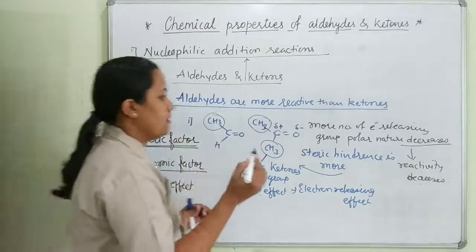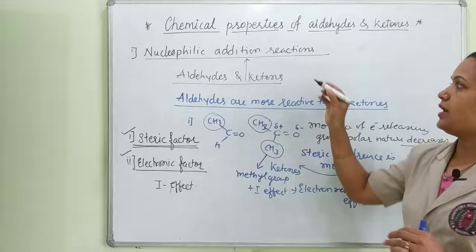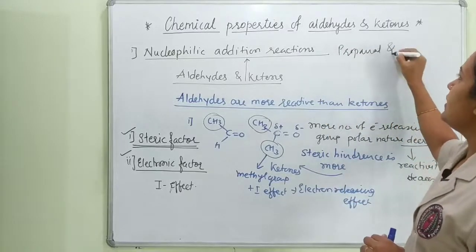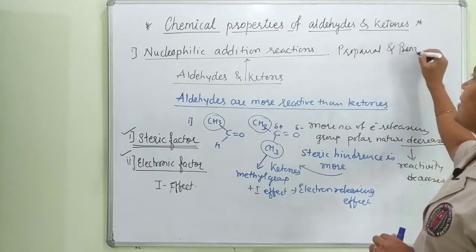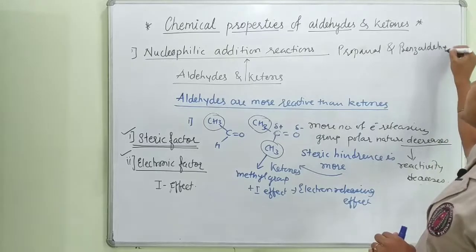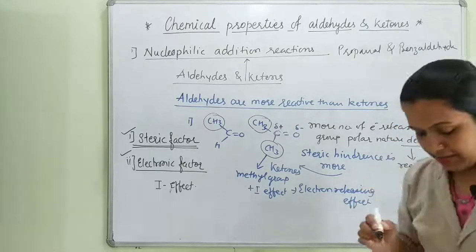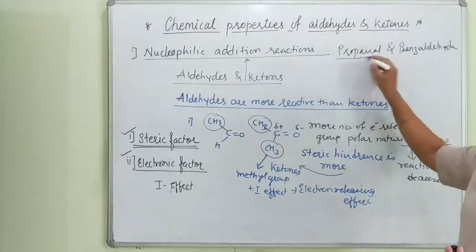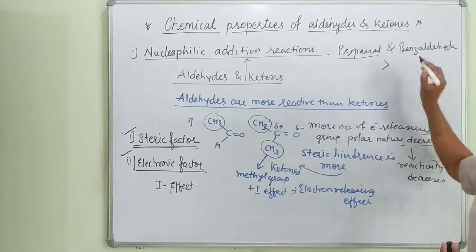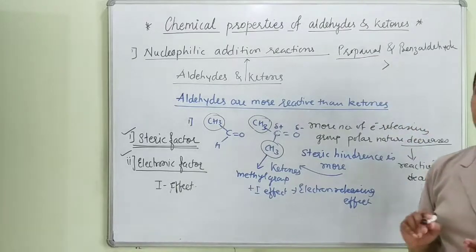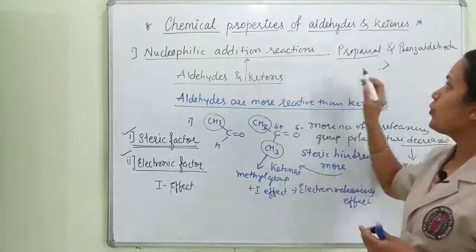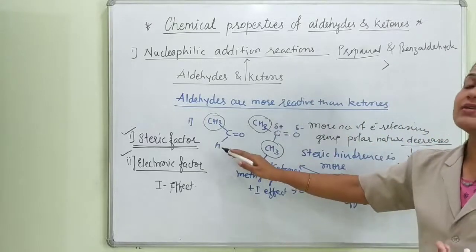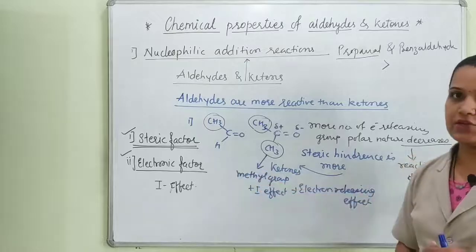Now if I have the example of propanal and benzaldehyde, I will say that propanal is more reactive than benzaldehyde due to the presence of the steric factor as well as the electronic factor.